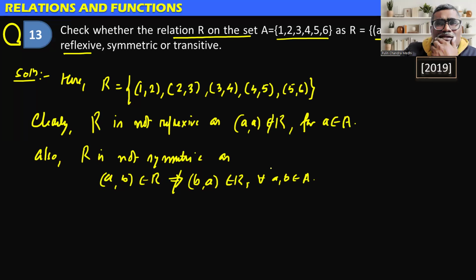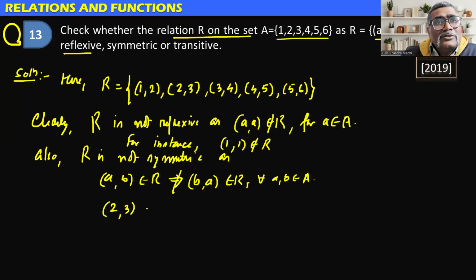I would like to suggest you one thing. Don't just leave it like this because somebody might think you directly wrote the answer. So you give one example also. Here it is like this, then you write, for instance, one example I'll put. For instance, 1 comma 1 does not belong to R. Only one you give. Here what will you write?